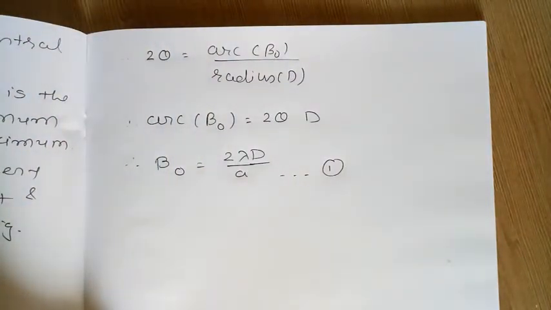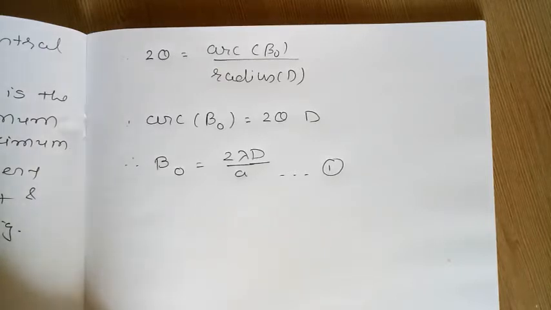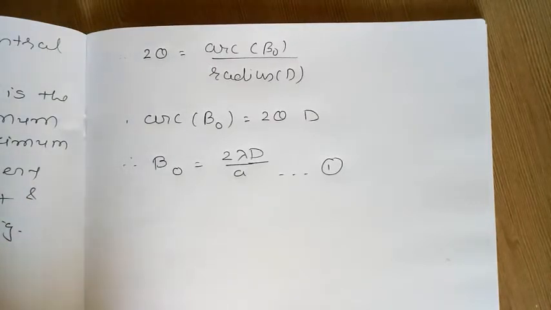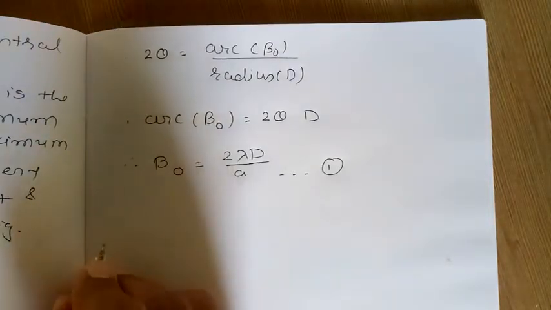Now we discuss the n plus 1th order minimum. This arc b0 is known as the width of the linear central maximum, because it is the minimum distance between the central maximum.